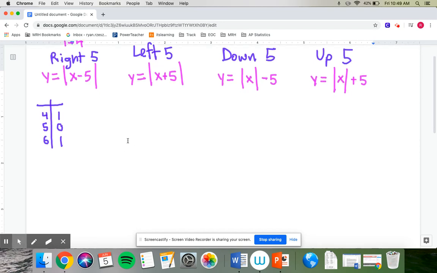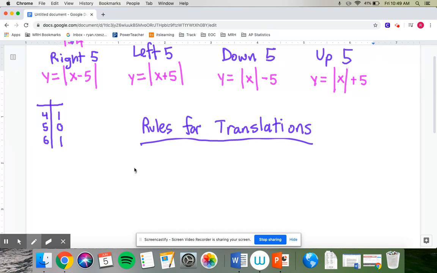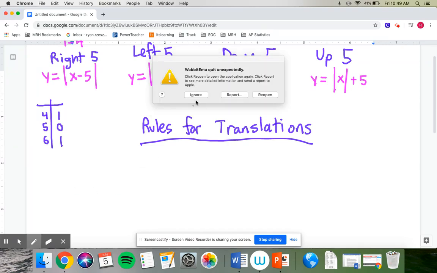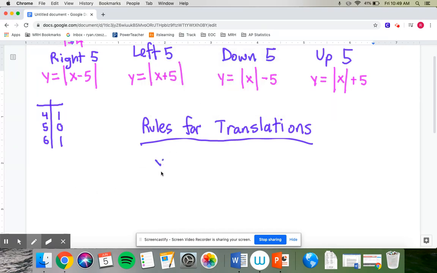These are the rules for translating graphs. Rules for translations. The general form that I'm going to use with a bunch of variables in it for absolute value graphs is going to go like this: y equals a absolute value of x minus h, plus k.